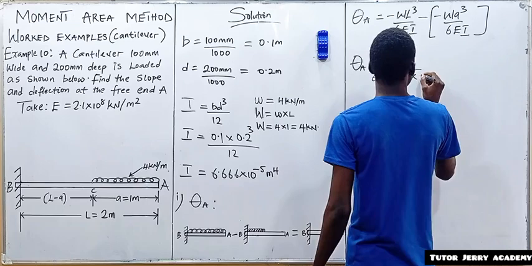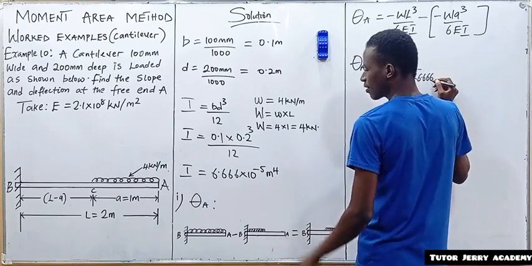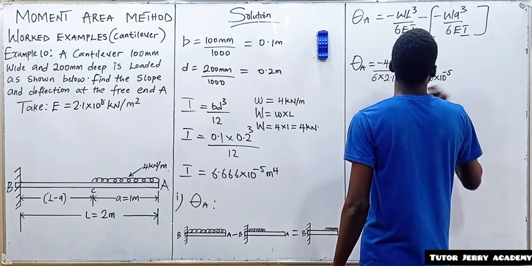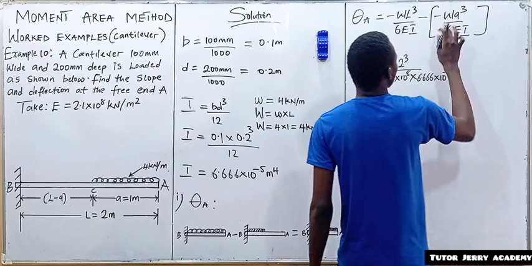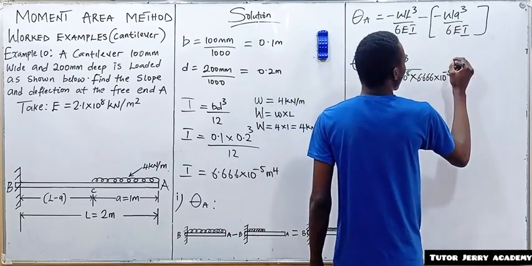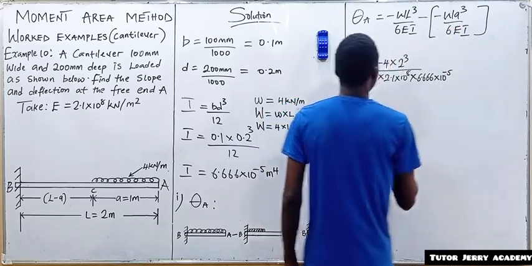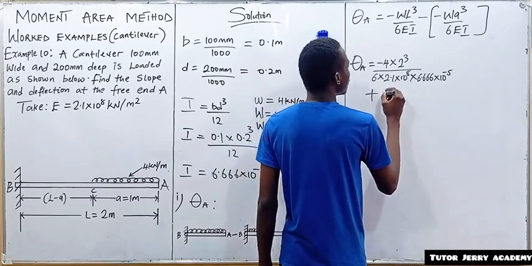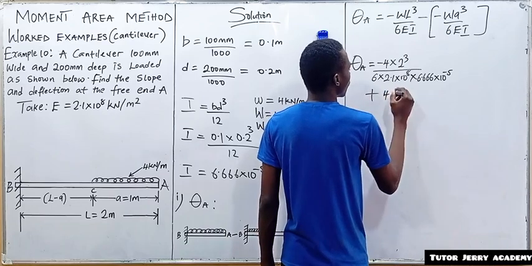So I is 6.666 times 10 to the power of minus 5. Minus multiplied by minus is plus. We have plus W, which is 4, multiplied by a.